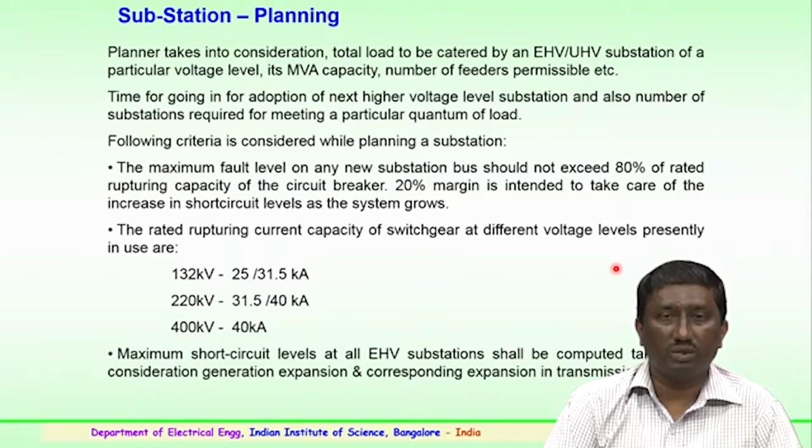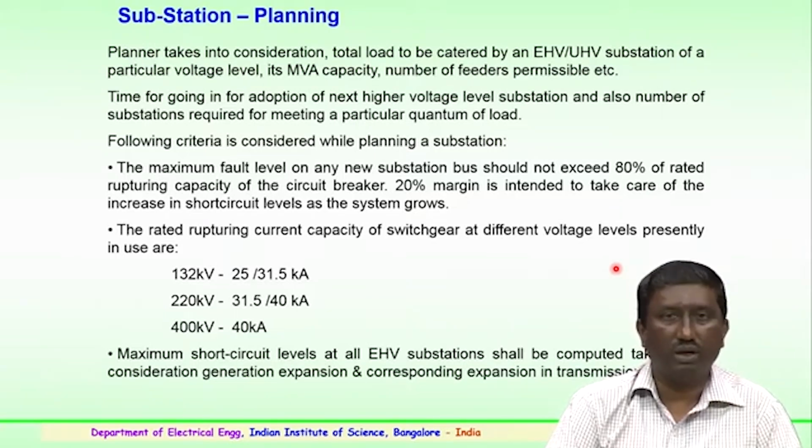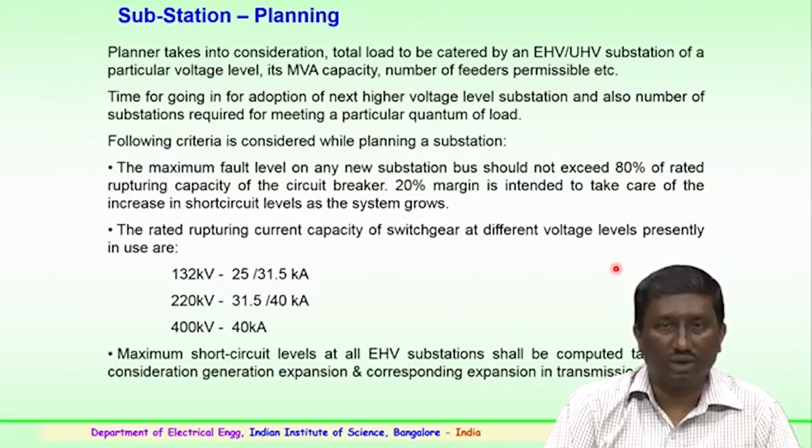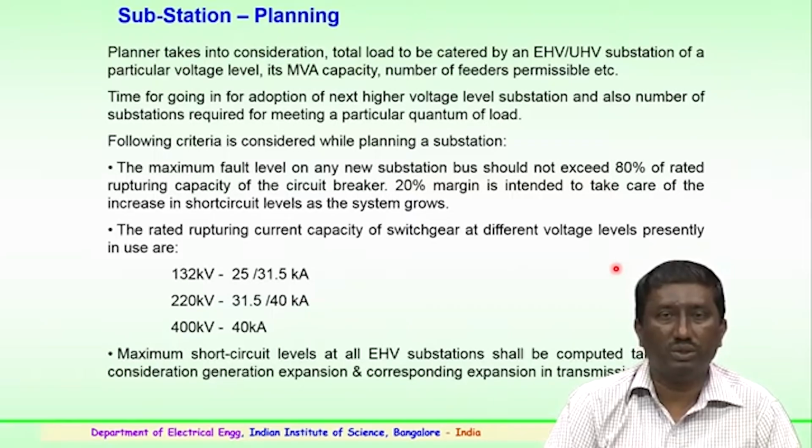So, the rated rupturing current capacity of a switchgear at the different voltage levels presently being adopted is as follows. For a 132 kV system, the rupturing current capability will be 25 or 31.5 kilo amperes, and for a 220 kV transmission substation, the rupturing capability will be 31.5 or 40 kilo amps.